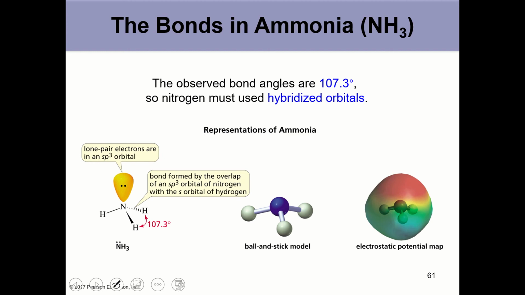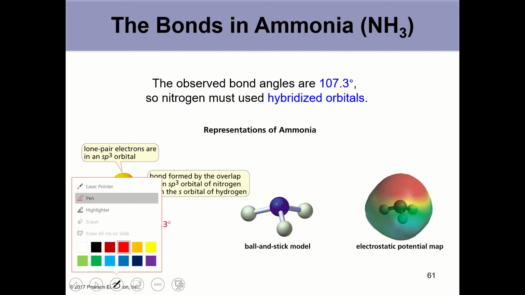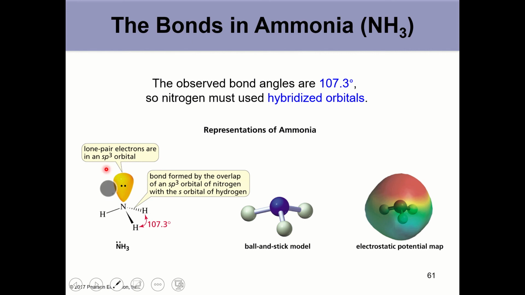The bond sites in ammonia are formed with sp3 hybridized orbitals, and so the nitrogen to hydrogen bonds are sp3 to s orbitals, and the lone pair of nitrogen rests in an sp3 orbital. So you should remember that the lone pair of nitrogen is also in an sp3 orbital.